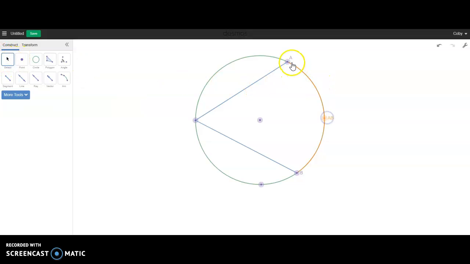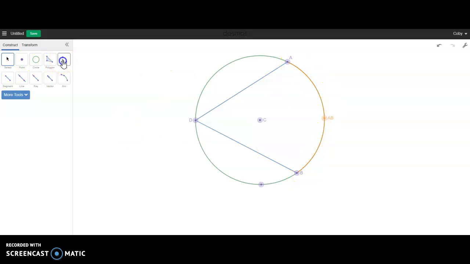So now I have inscribed angle ACB. I don't want to call that C. The center of the circle needs to be C. There we go. So I have inscribed angle ADB that creates this arc here.